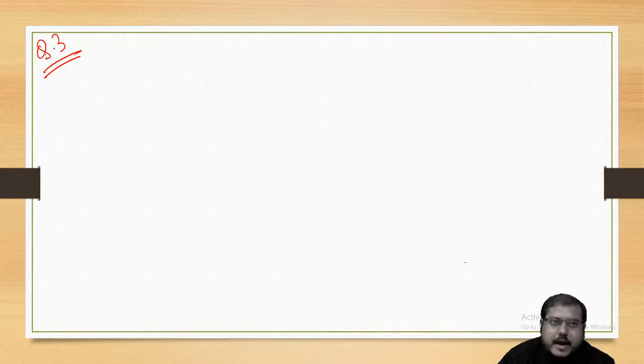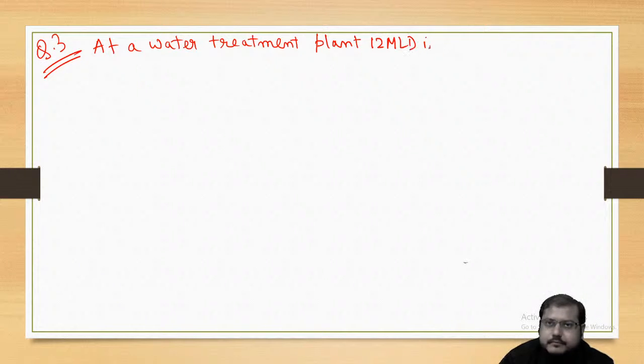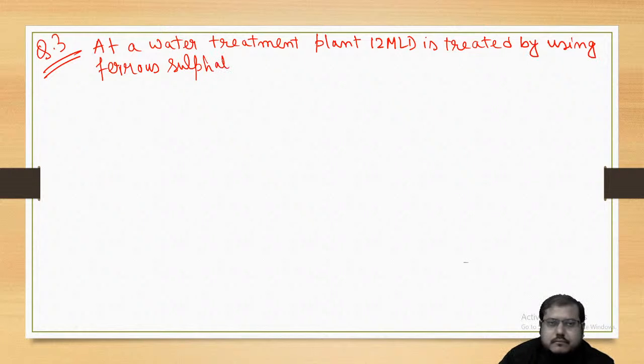At a water treatment plant, 12 mld is treated by using ferrous sulfate and lime.